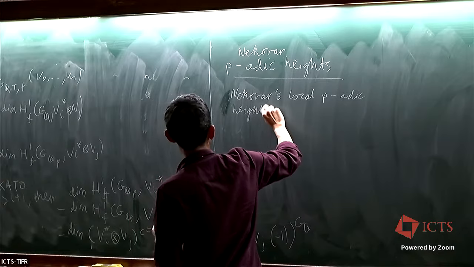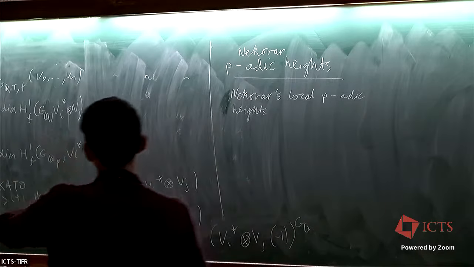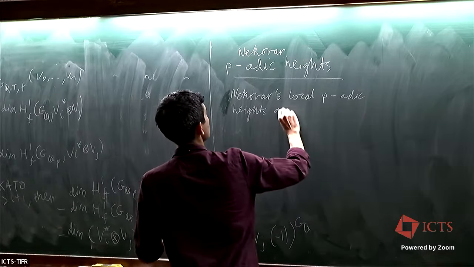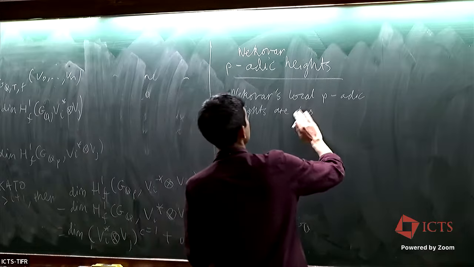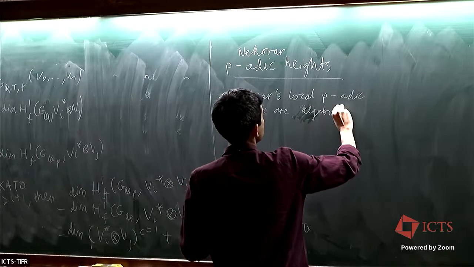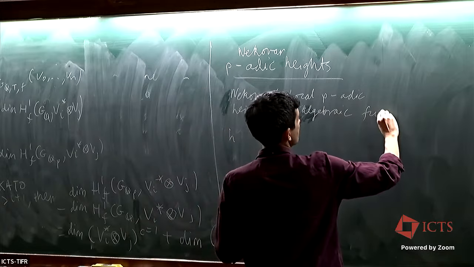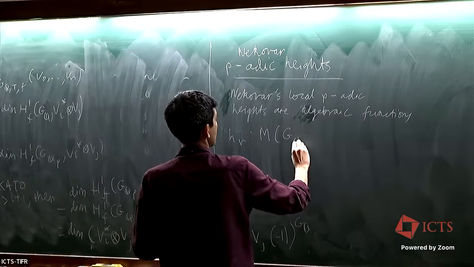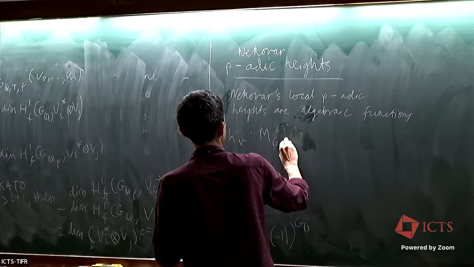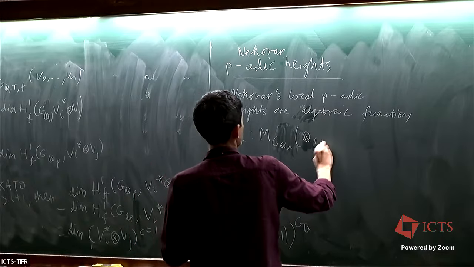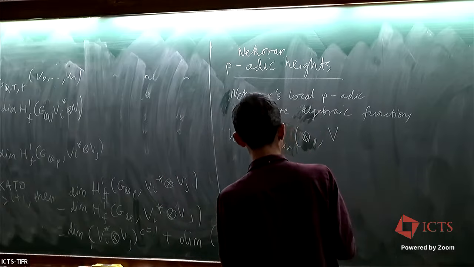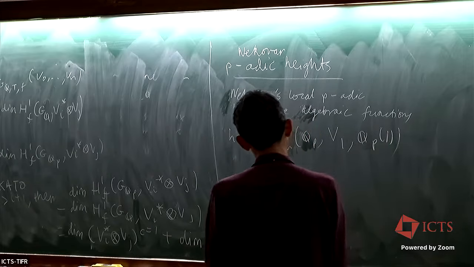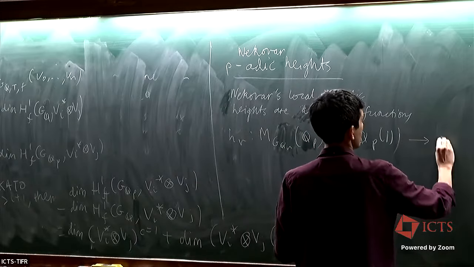he doesn't use this exact language, and certainly doesn't mention non-abelian group cohomology, but they're really just algebraic functions h_v from M(Q_v) to Q_p, for v not equal to p.